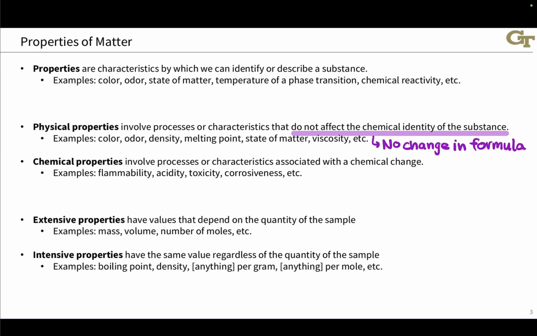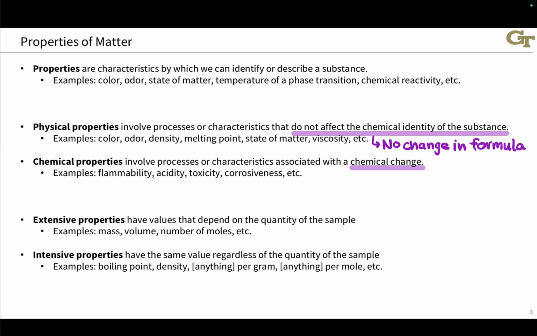Chemical properties are associated with chemical change and involve characteristics associated with a chemical change, where there's some change in chemical formula of the substance. And we're interested in, say, the rate or extent of that chemical change, whether it happens at all, what happens when a substance undergoes a chemical reaction, things like this.